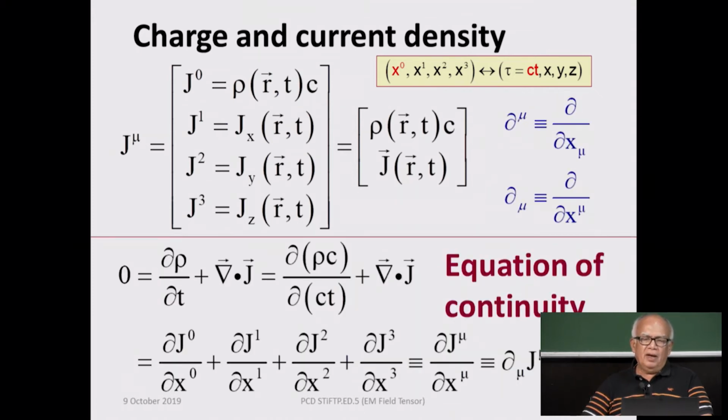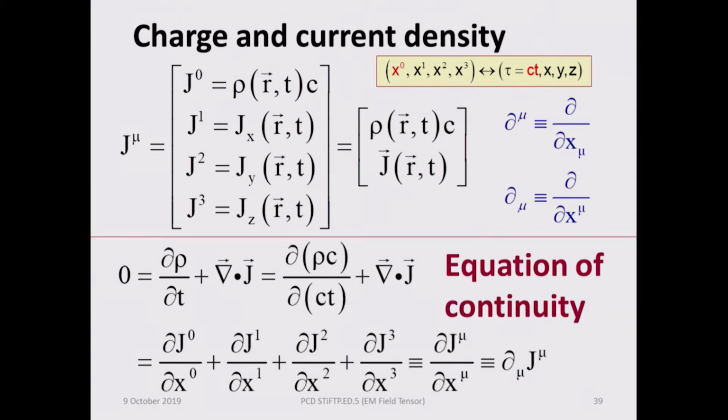Okay. And you can see that if you take the derivatives, del rho by del t plus del dot j, what do you get? You essentially recover the equation of continuity. So, the equation of continuity is right there in this relation. Okay.